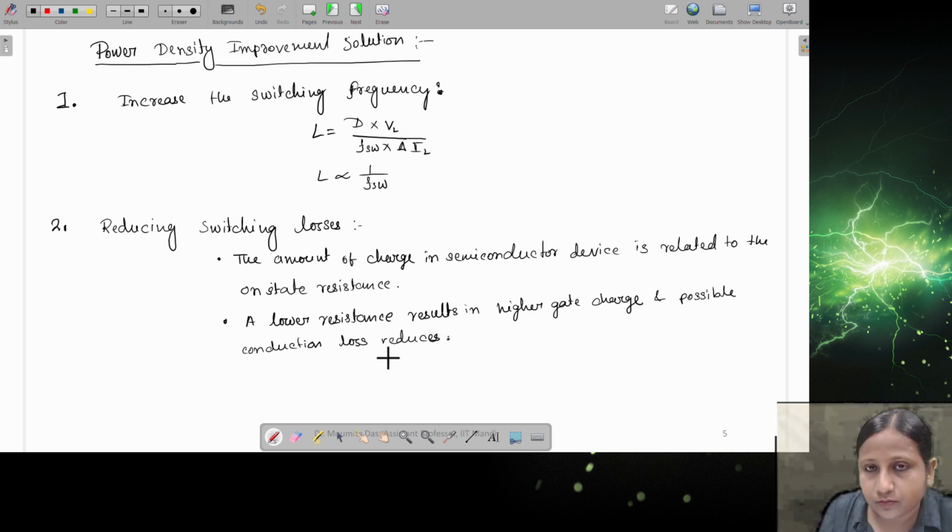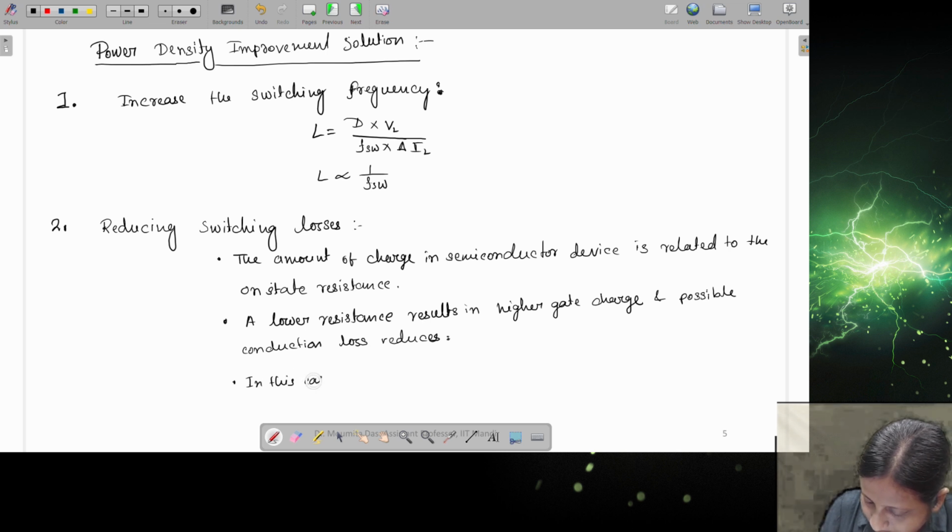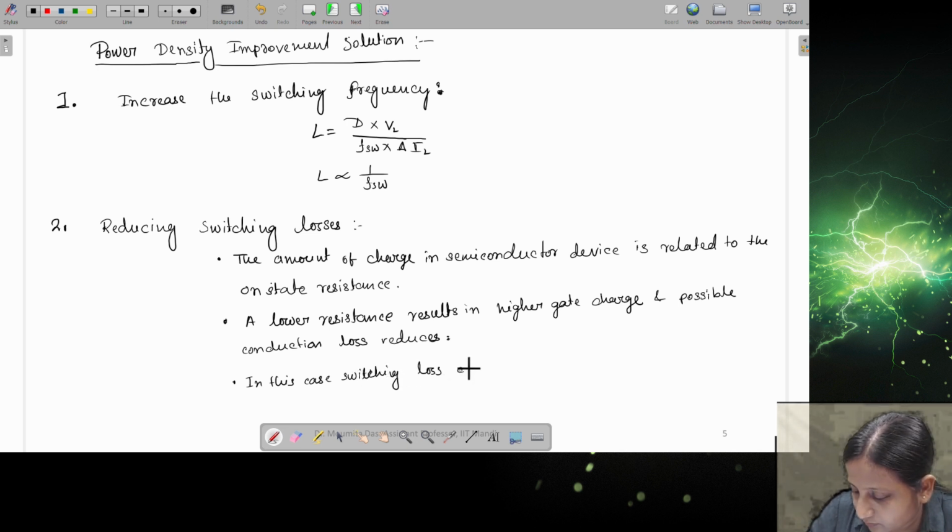So basically loss due to conduction can be reduced, but in this case switching loss cannot be reduced.